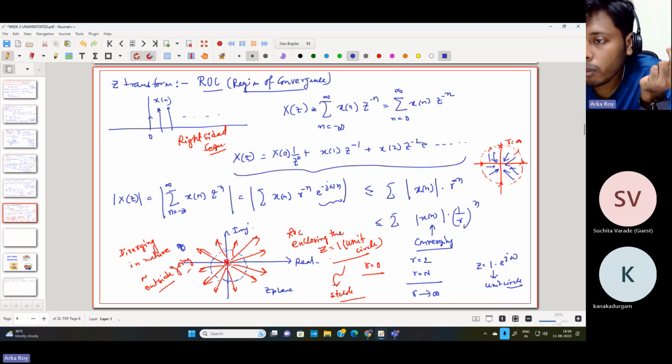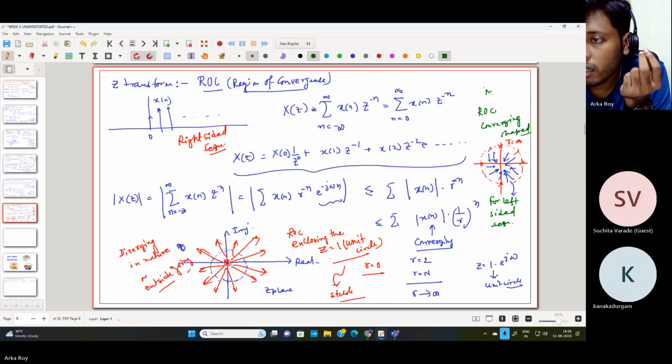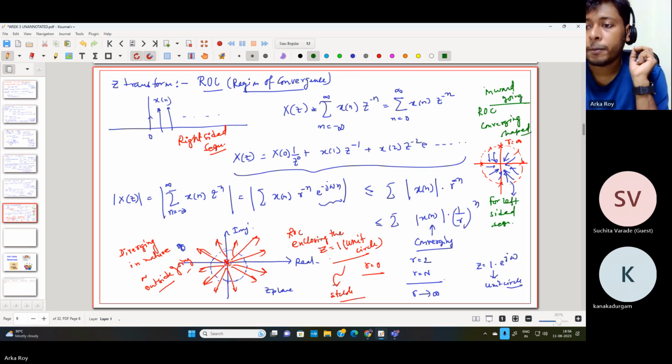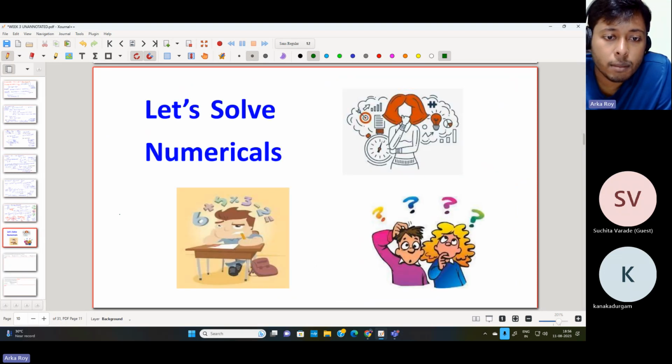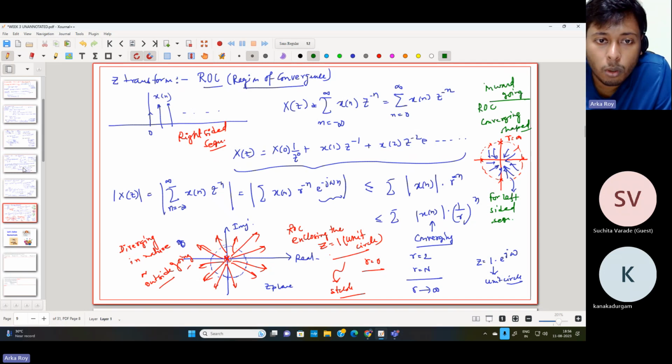That means it will come in the inward direction. The note is that for a left-sided sequence, the ROC is converging shape, or inward going shape.